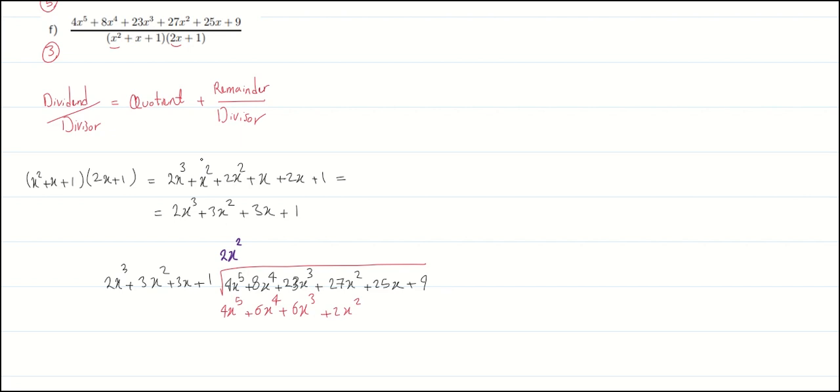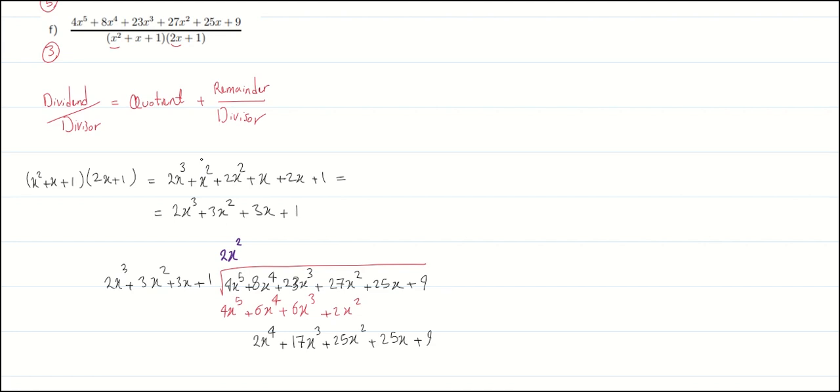The first one cancels out, the second one is 2x to the power of 4, the third term is 17x cubed, and we have 25x squared, and the last two terms as well, 25x plus 9.